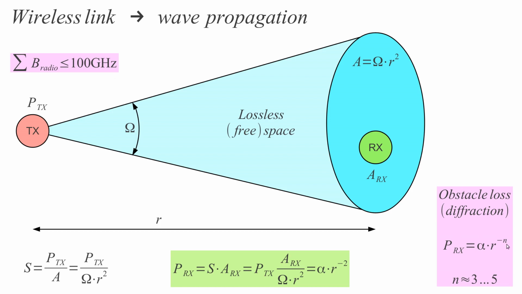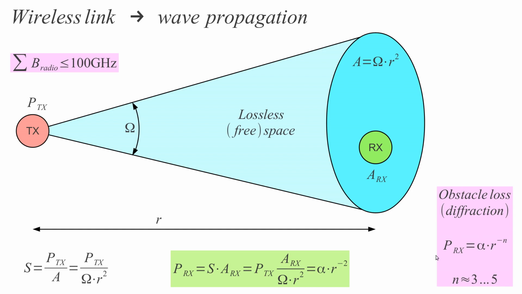So minus n here, where this n is, for most communications, between 3 and 5. Of course, this alpha here should also contain units. So power of the transmitter and something to compensate for this meters to the minus 2 or meters to the minus n here.